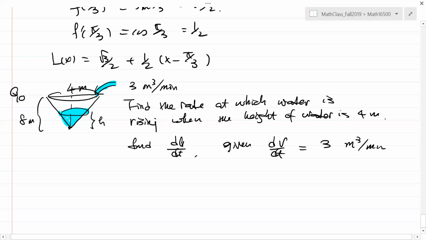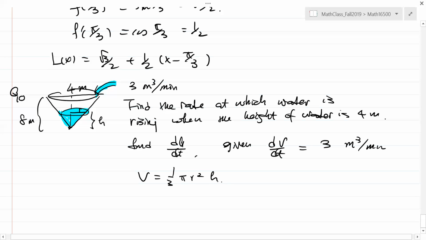V is the volume. How do I calculate the volume? If I know the radius, it's 1/3 pi r squared h. The volume of the water is increasing at the rate of 3 cubic meters per minute, because you pump water into the tank at that rate.